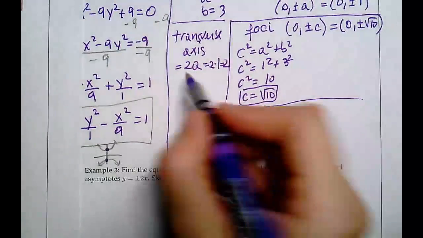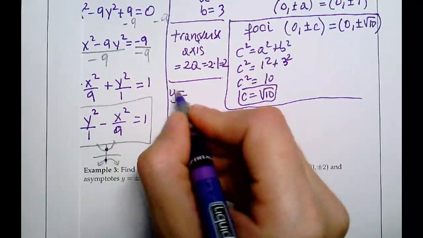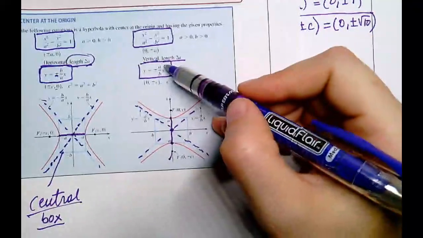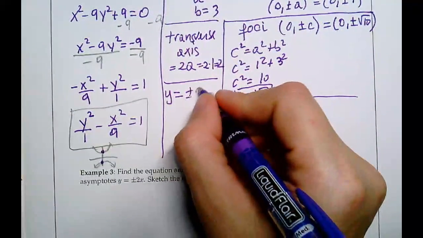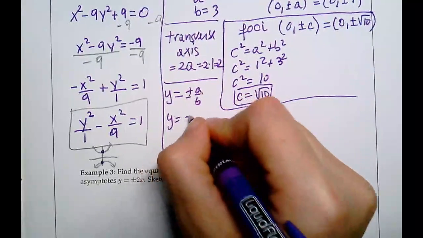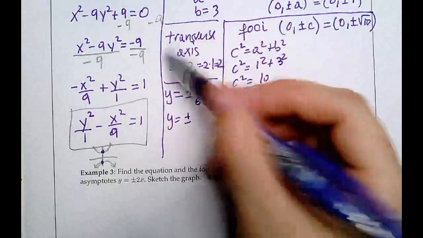And then the asymptotes in this case are y equals plus or minus a over b x. Plus or minus a over b. So they're going to be y equals plus or minus 1/3 x.